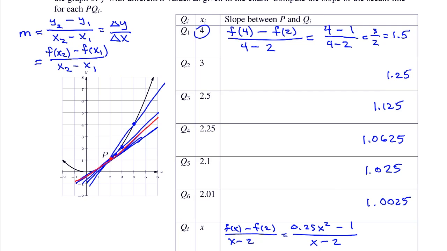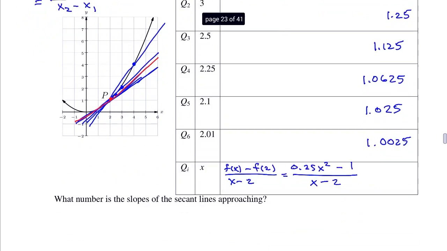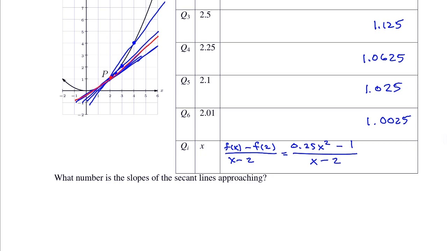It's not drawn very well, but that is what it is. So the question is, what number are the slopes of the secant lines approaching? So what number are we trending to here? We're trending down to 1.